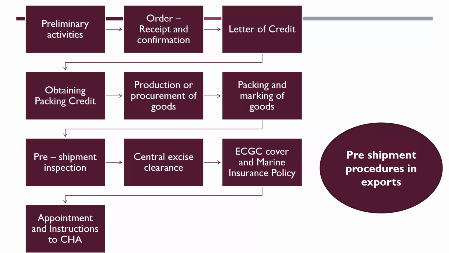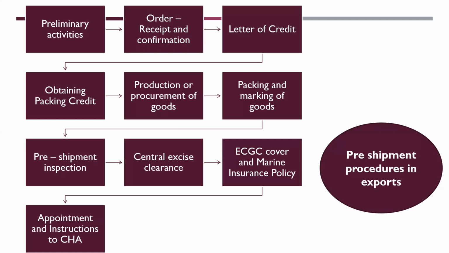So based on the letter of credit, the exporter can apply for obtaining packing credit from the commercial banks so that they can start with their other work. Packing credit is nothing else but the loan that is taken by the exporter to manage their further activities.